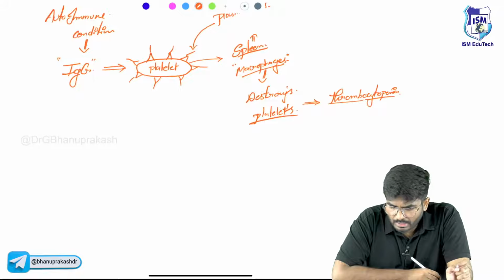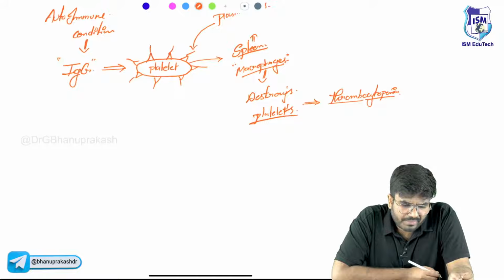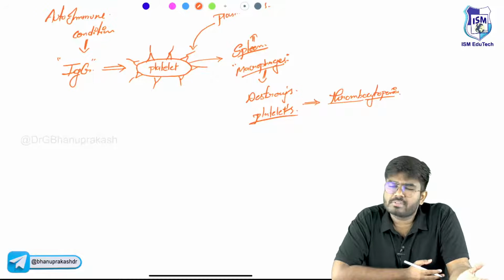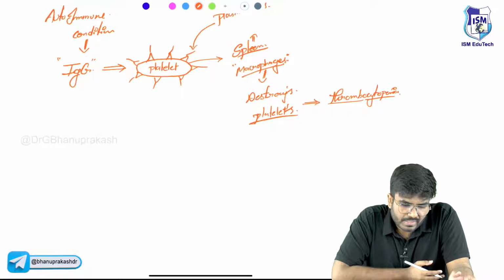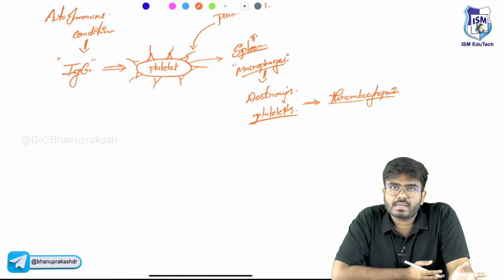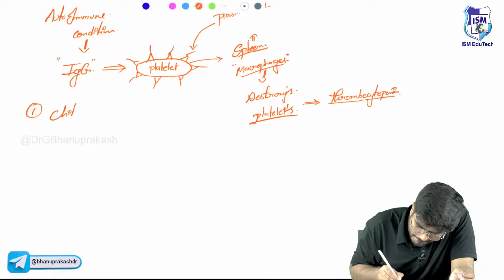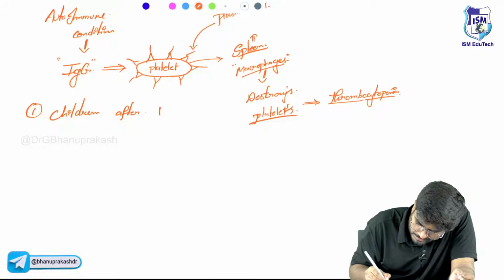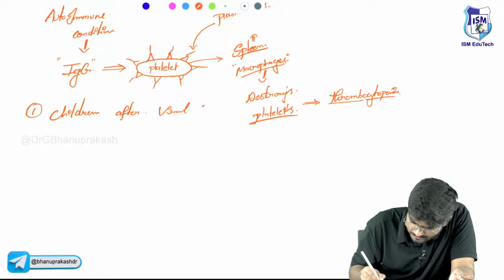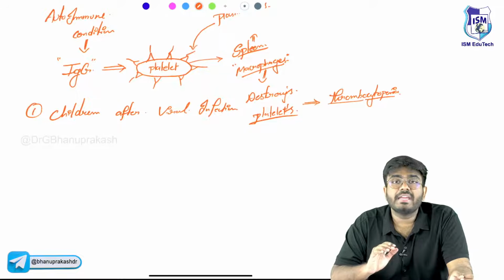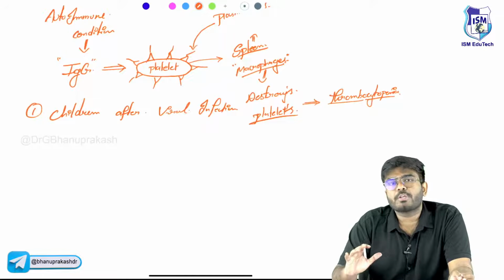Now my question is, sir, in which persons is this seen? Most autoimmune conditions are seen in females, but this one is mainly seen in children, especially after a viral infection. Weeks after a viral infection, a child can have this immune thrombocytopenic purpura.